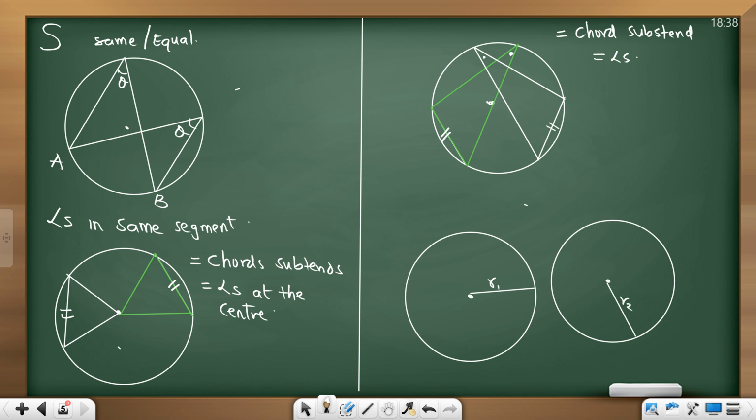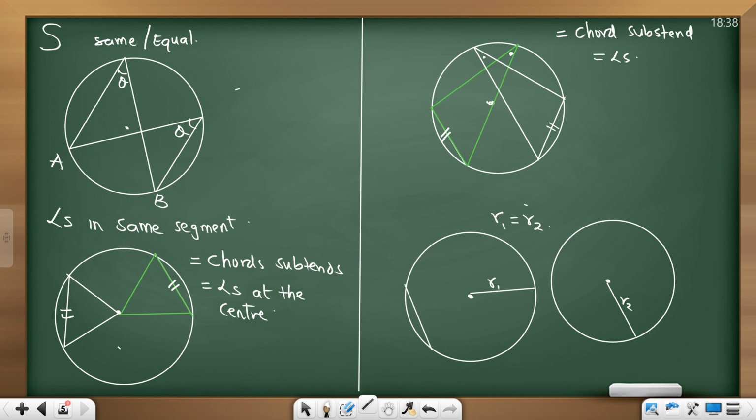So if for example, I'm saying draw two circles of 5 centimeters, it means those circles are exact copies of each other. So R1 equal to R2 means that these circles are equal. Basically, we are going back to the theorem above and splitting it.